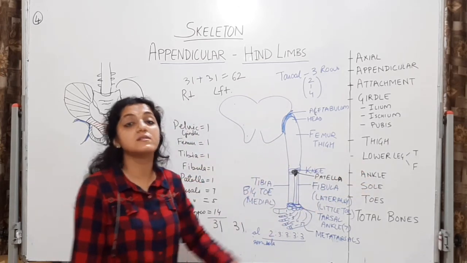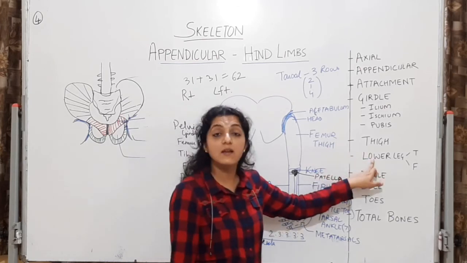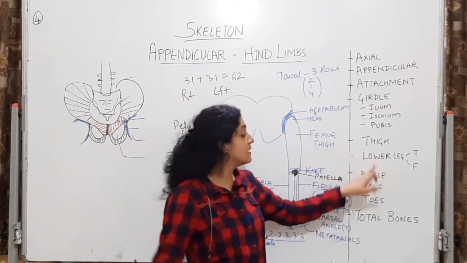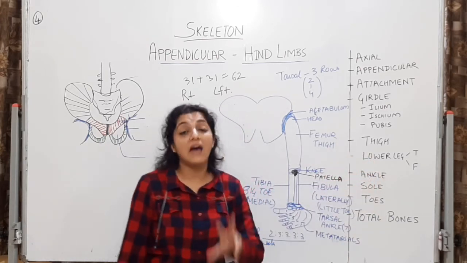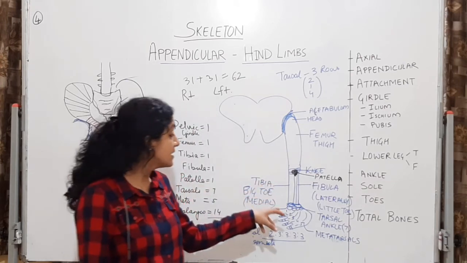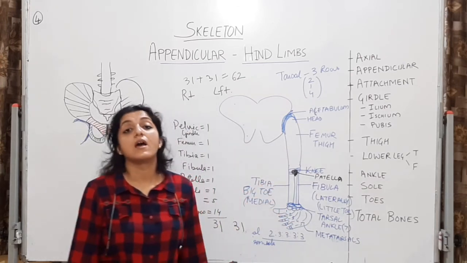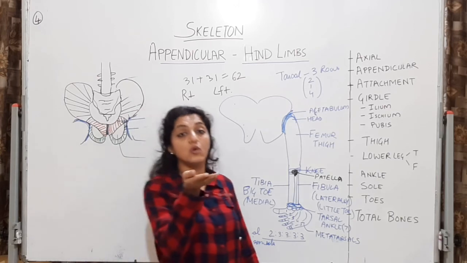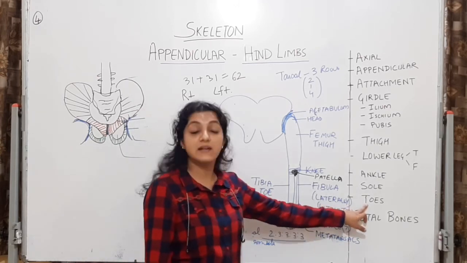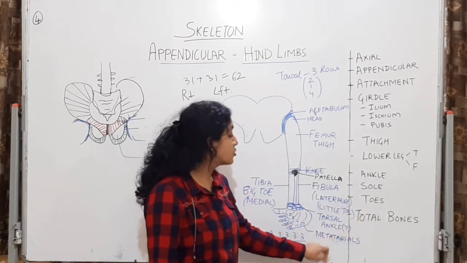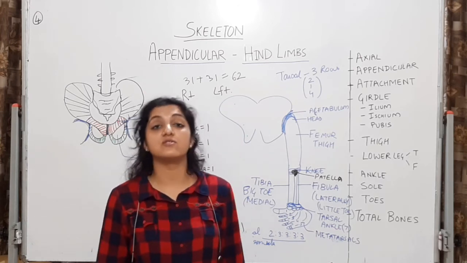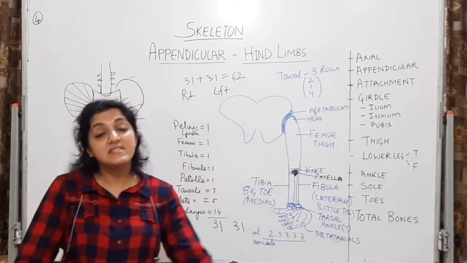It is located towards the big toe side. It is medially located. Fibula will be laterally located. Then the bones of the ankle, that are the tarsals. Okay, and then the bones of the sole or the foot region, that are the metatarsals, and then your toes, which will be the phalanges. The phalangeal formula will be same.